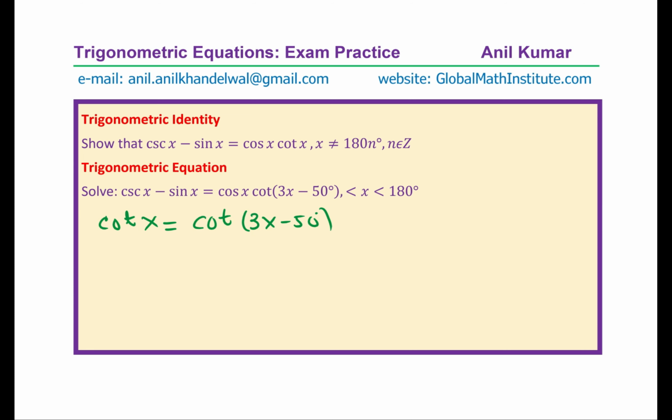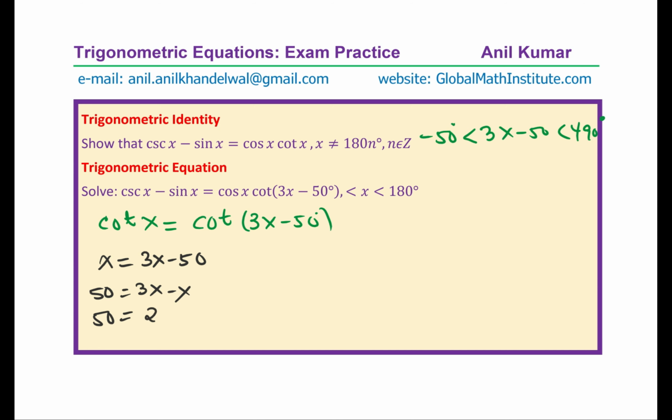We are working in the domain where 3x minus 50 is between minus 50 and 490 degrees, correct? So now one of them is that x is equal to 3x minus 50. So that gives you 50 equals 3x minus x, which is 2x, and so half of 50 is x, which is 25. So we get one solution.